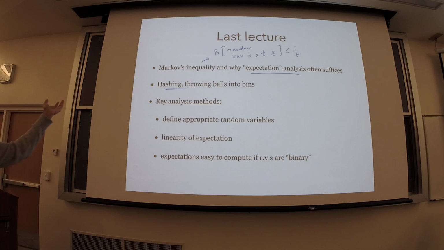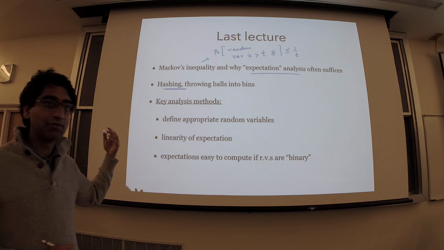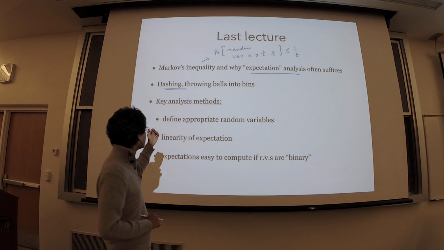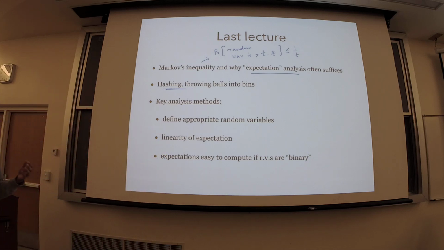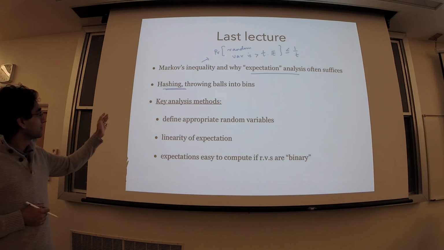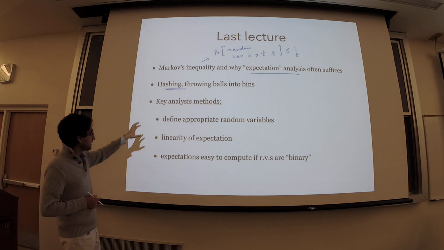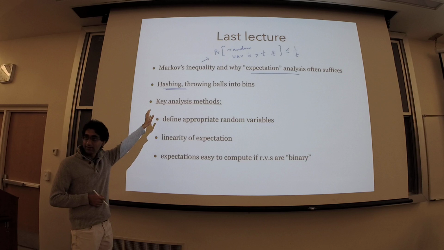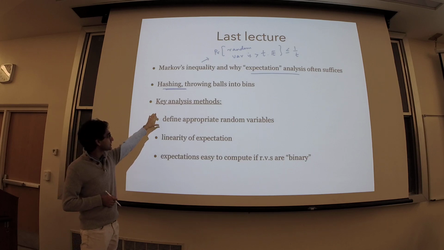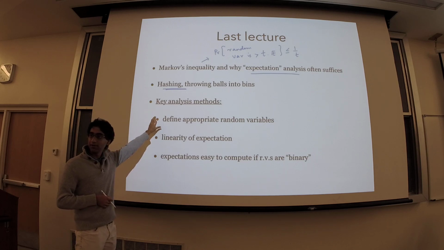And we were interested in various statistics, like what are the expected number of balls in each bin, and so on. In the process we came across a bunch of very useful analysis techniques. One is this notion of defining appropriate random variables.